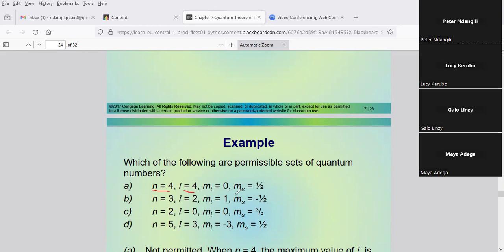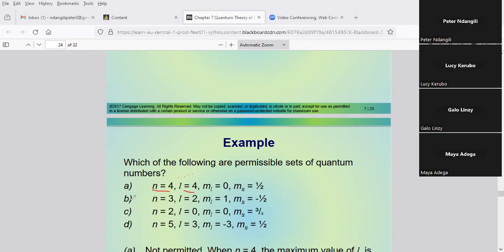The answer is no, because when n is equal to 4, we cannot have an L value equal to 4. The possible L values will be 0, 1, 2, 3. So this is not permissible simply because this L value is not in agreement with n equal to 4.